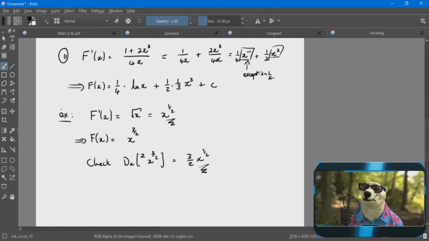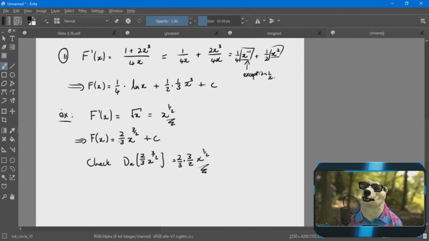So I need to put some more stuff in front, which is 2/3, so that it cancels and I see only a 1 as I should. So the antiderivative is 2/3 x to the 3 over 2, of course, plus a constant.